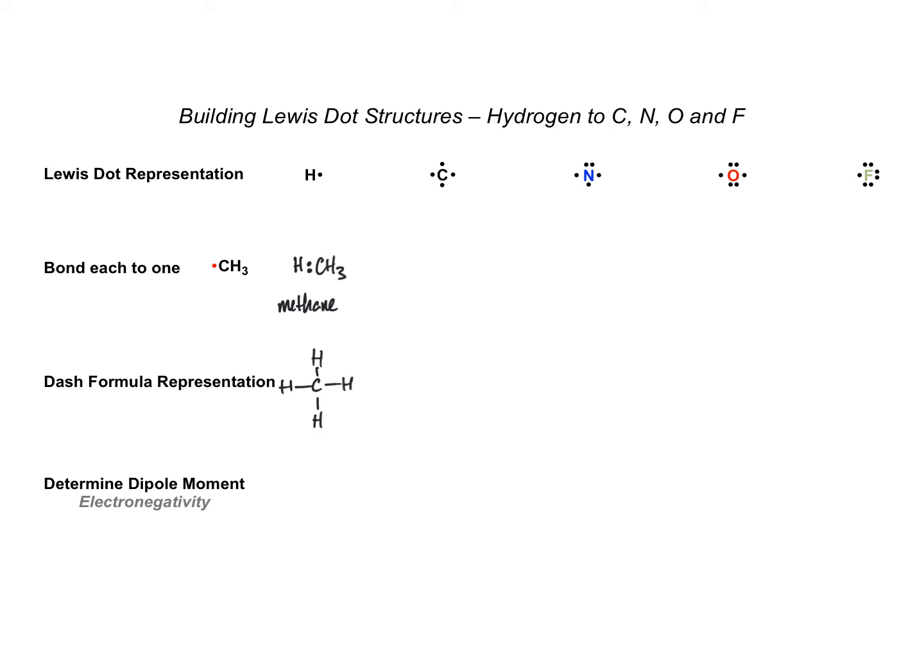So what we're going to do now is for carbon, I'm going to fill the rest of these 3 open valencies with hydrogen. So that's going to give us CH3 dot, and we're going to bond that with CH3 dot. So that's going to give us ethane. So what we're doing is taking H3C, bonding that with H3C. So those will come together.